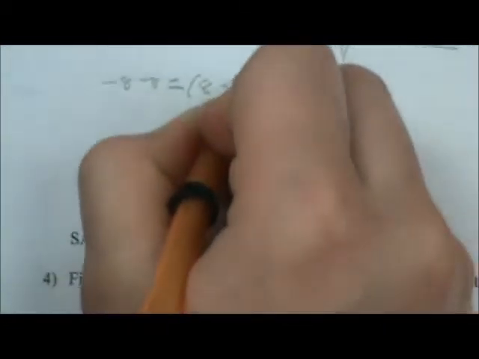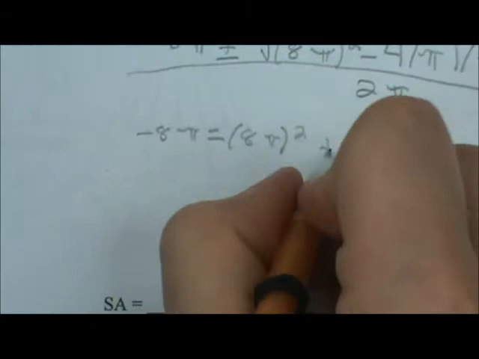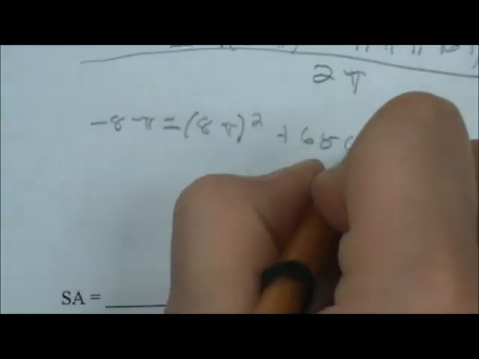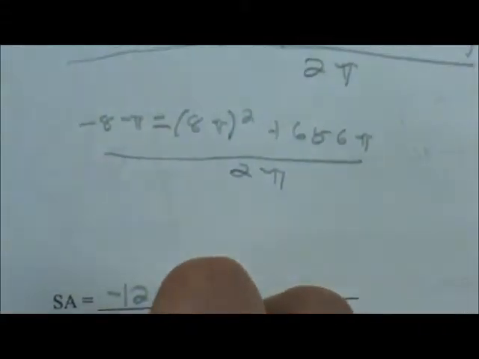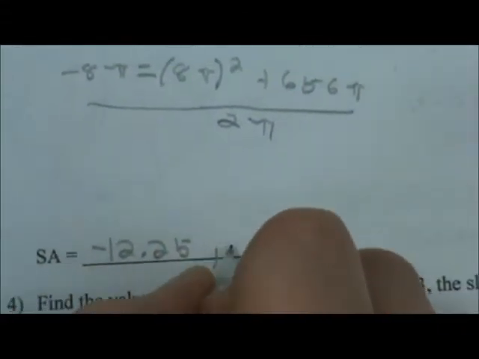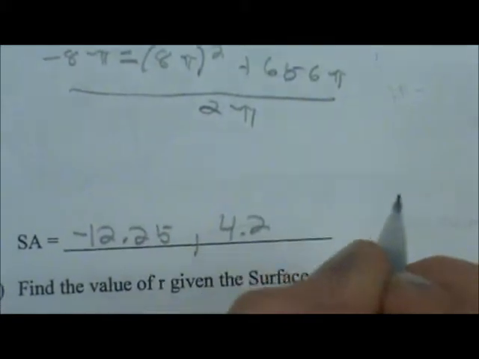And then we are going to do negative 8 plus or minus the square root of 64 pi squared minus 656 pi, all over 2 pi. So it's going to equal negative 12.25 or 4.2.